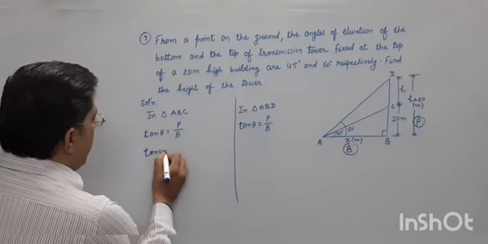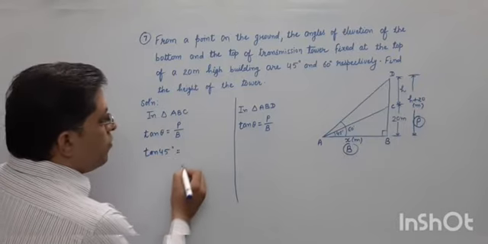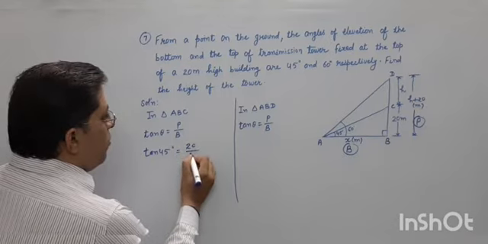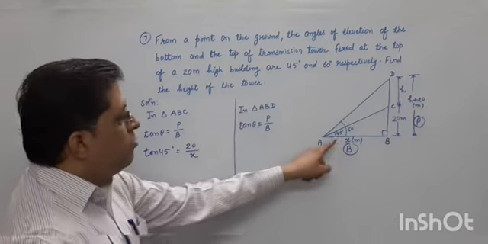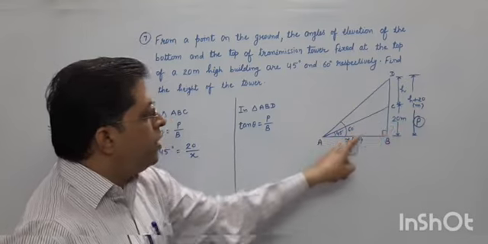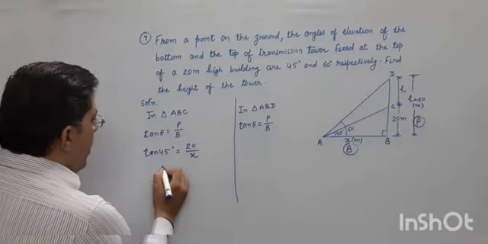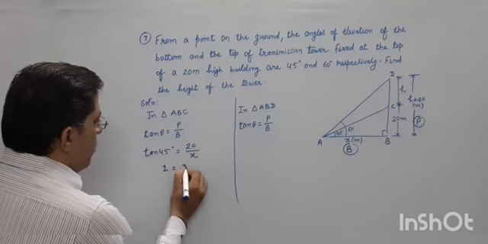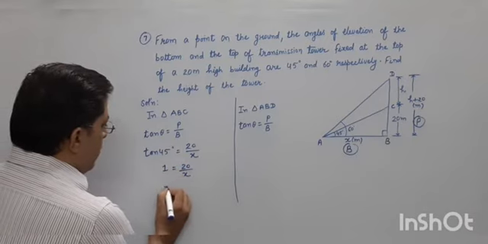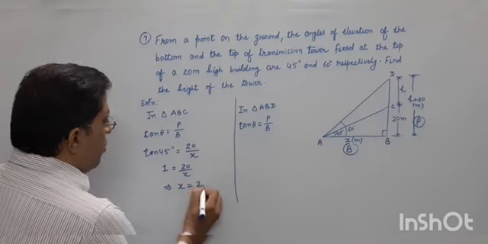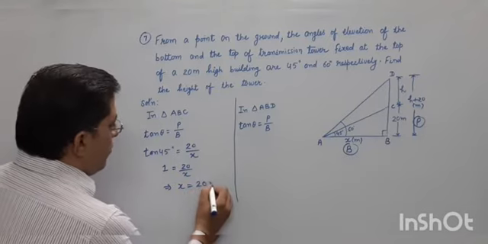So tan 45 degree will be 20 upon B. Base is x. Perpendicular 20, base is x. Tan 45 is 1. So 1 equals 20 upon x. What will be x? x is equal to 20 meter.